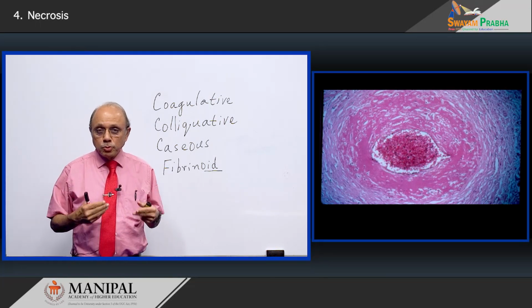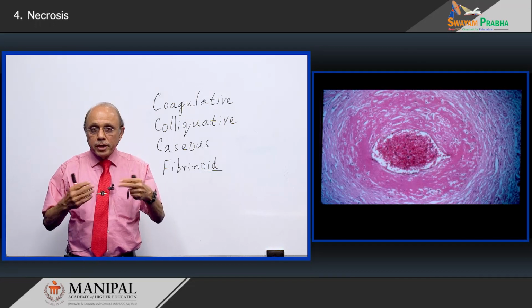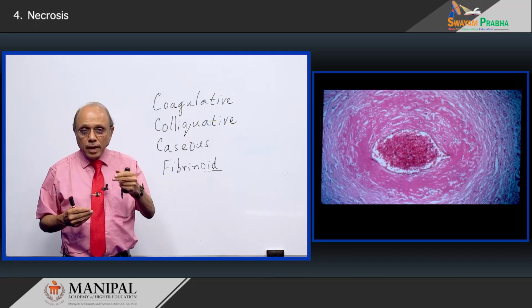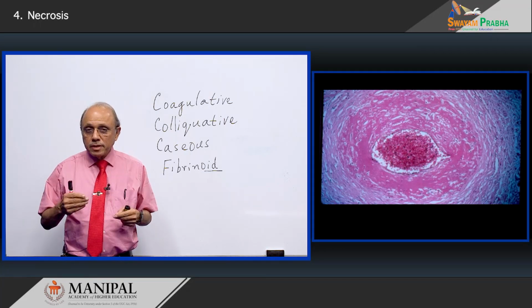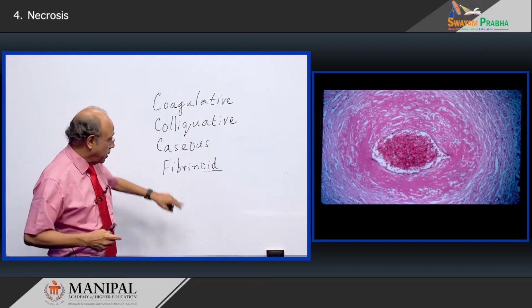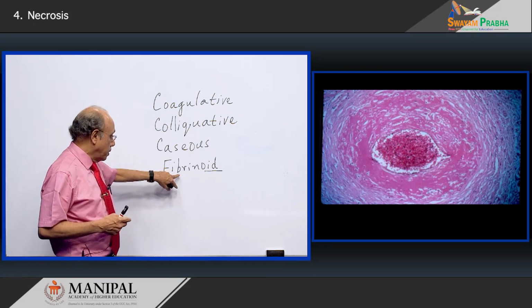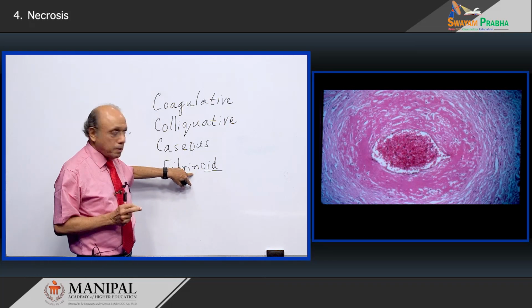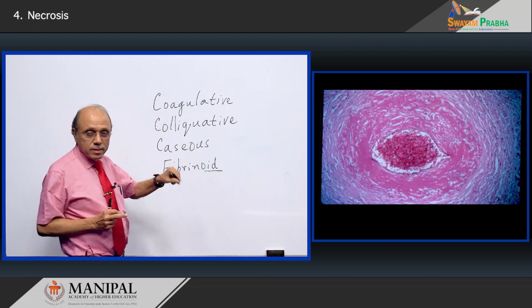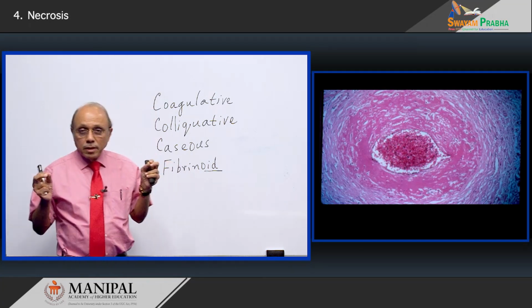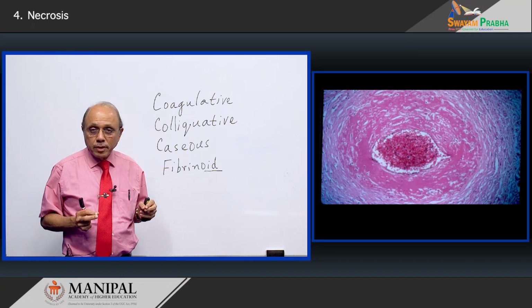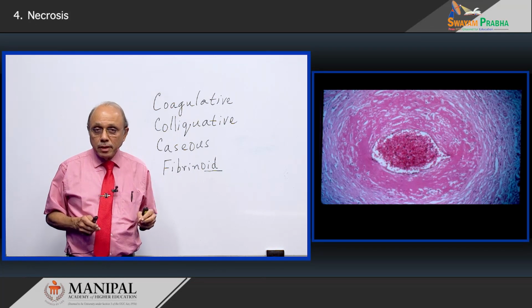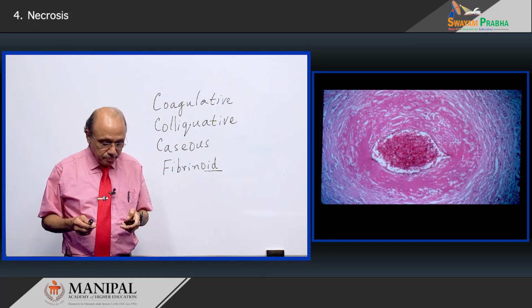In pathology, that is what they do. They use the word oid: epithelioid, fibrinoid. So oid, when it is added, it indicates resemblance to something. And here, this type of necrosis, because it has the bright pink color resembling fibrin, it is called fibrinoid, and this is typically seen in arteries, in fact arterioles more specifically, affected by malignant hypertension.